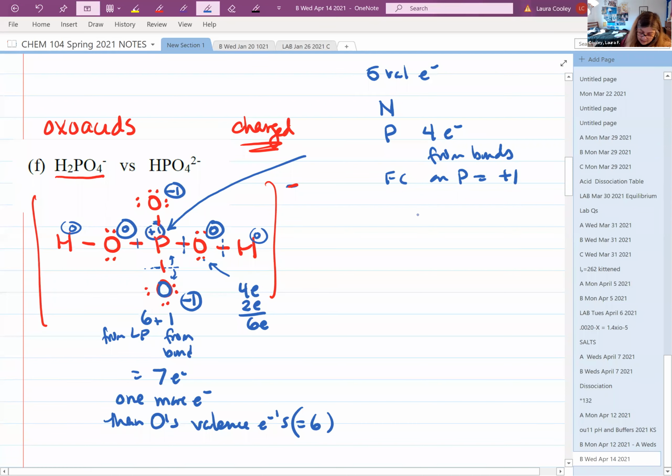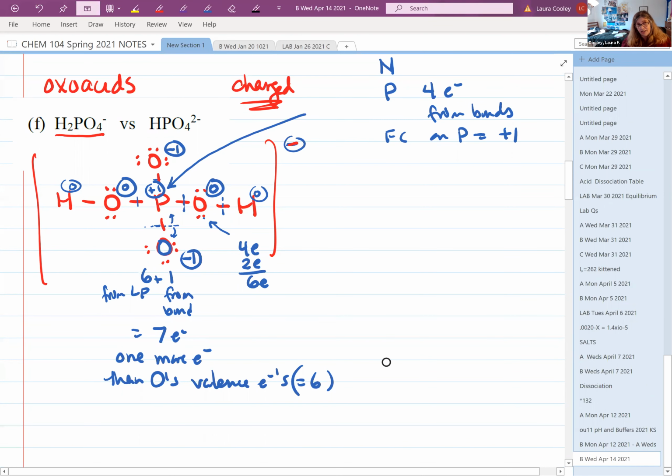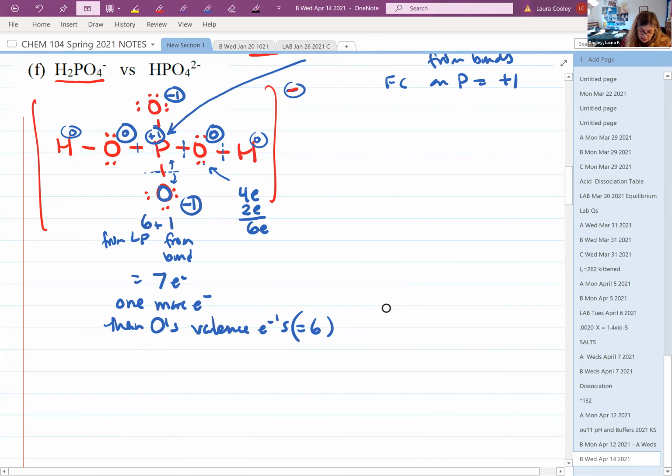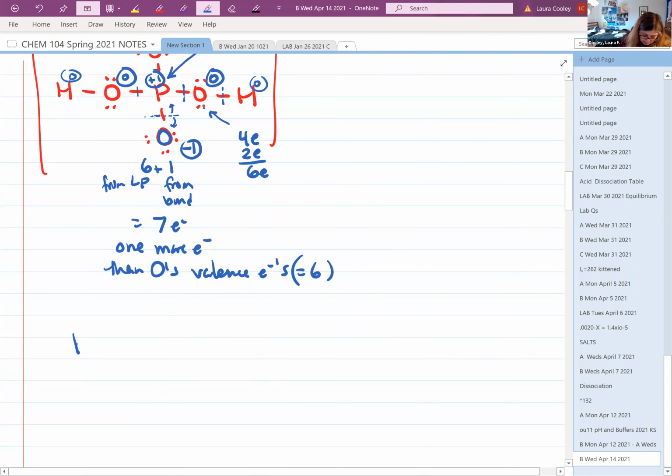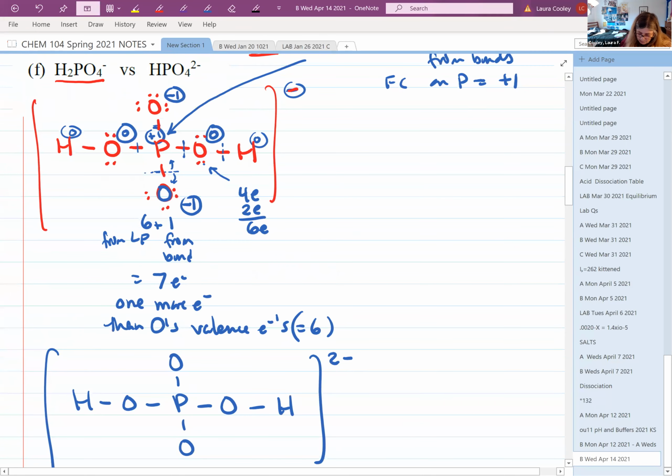So as always, if you add up the formal charges, -1 twice is -2, plus 1 is -1. You add up the formal charges, you get the charge on the ion. Whew, that's a lot. It's really a mouthful, but it explains why H2PO4 has a negative charge. So we have H2PO4 minus. Now I've messed the drawing up with all those formal charges. Sorry, 1 minus.